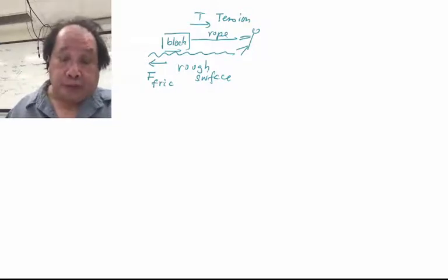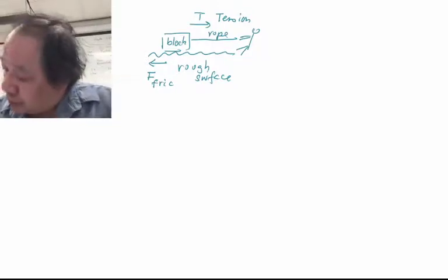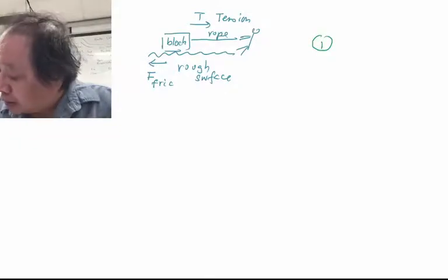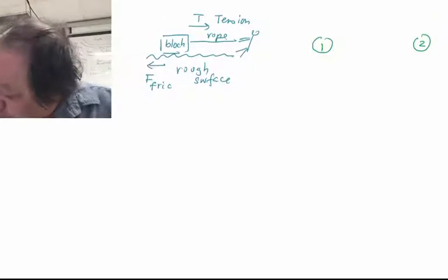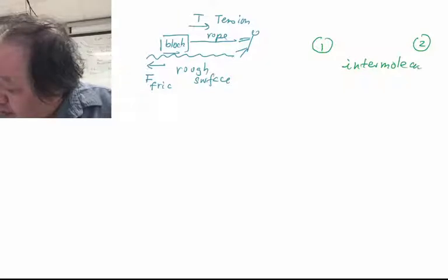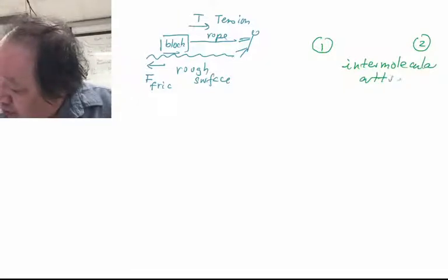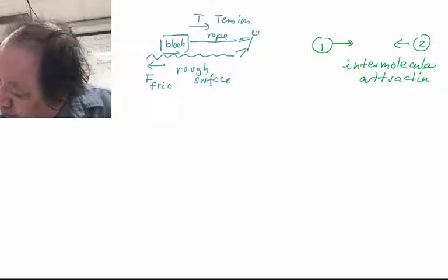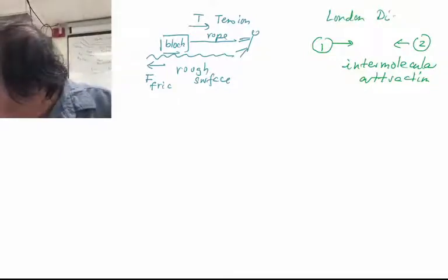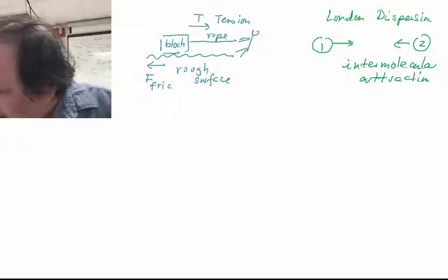Similarly, we've heard when we deal with molecules. So if you have one molecule over here and a second molecule over here, there is an intermolecular attraction, a force attracting the two to each other, for example, the London dispersion force, or dipole-dipole forces.